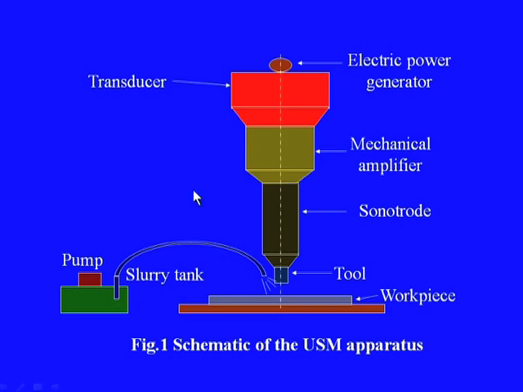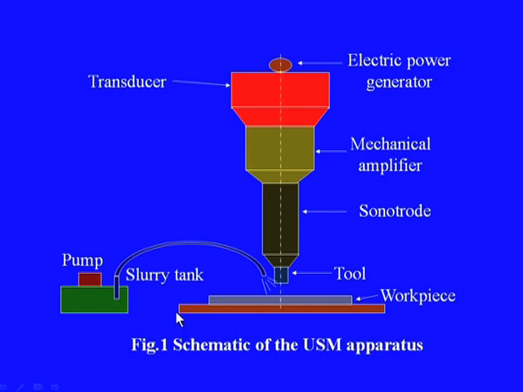Let us see a schematic representation of this USM apparatus. So, this is the apparatus on the screen. Here basically this is the workpiece to be machined, either drilled or cut or whatever, and this is fitted on the work table.